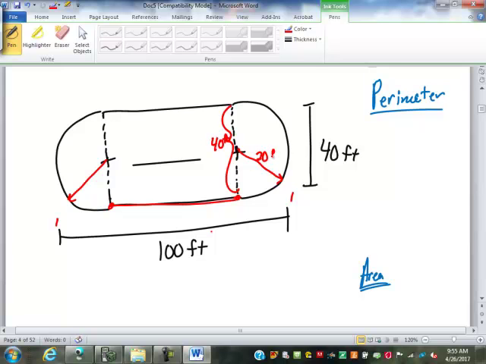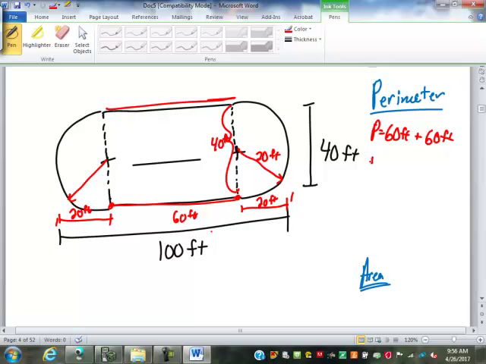So half that is going to be 20 feet. So that means from here to here has to be 20 feet. And here to here has to be 20 feet. So 60. That piece is 60 feet. So that's 60 plus this one up here is also 60.